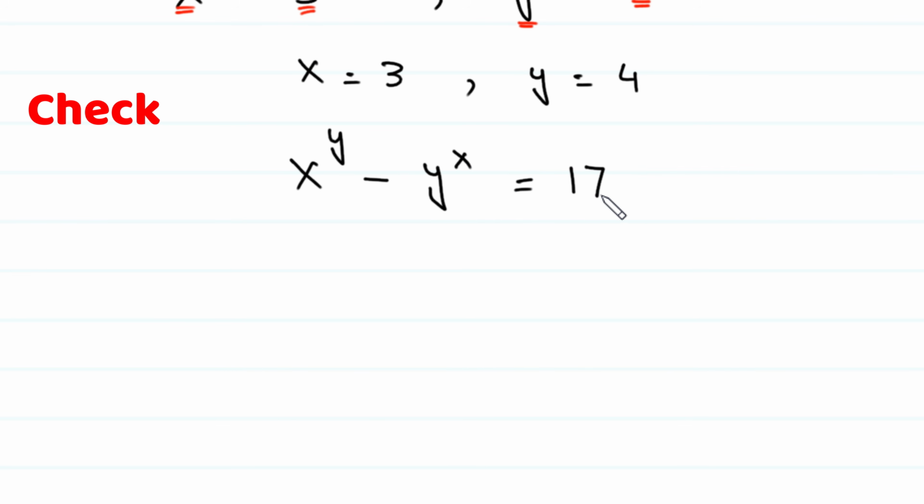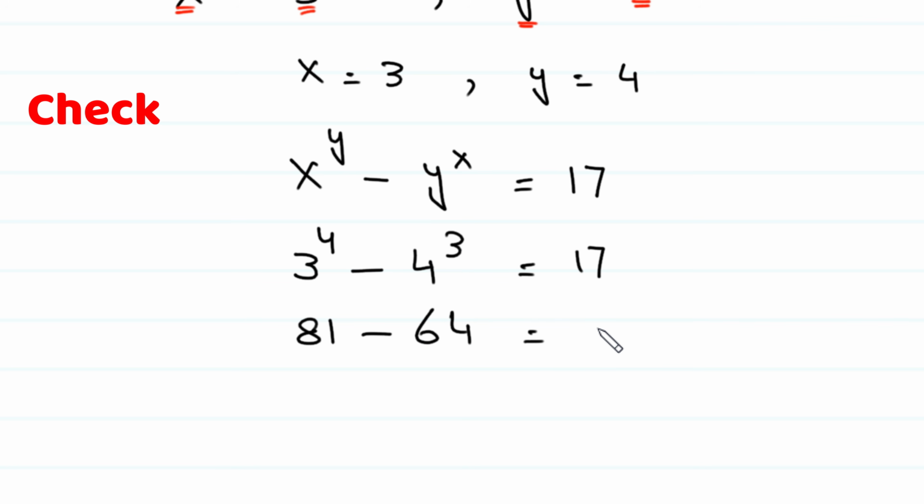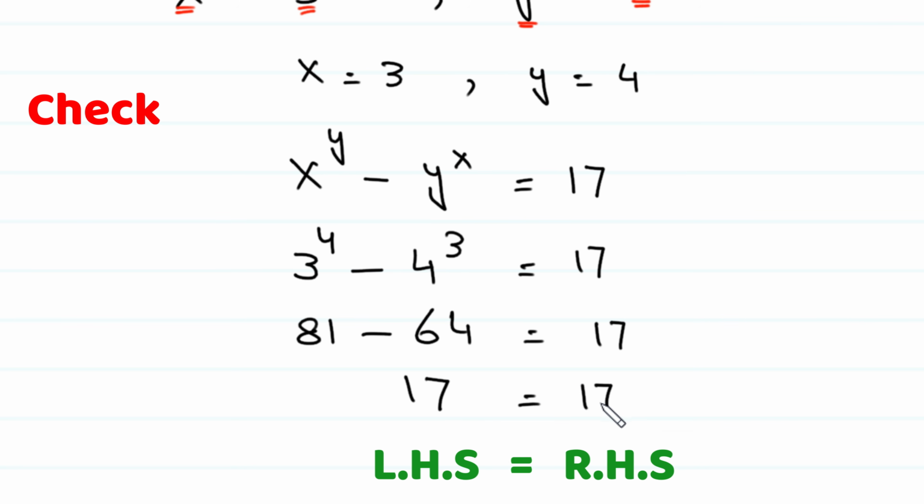We put the value of x 3 and value of y 4, and this equation becomes 3 to the power 4 minus 4 to the power 3 is equal to 17. 3 to the power 4 is 81 minus 4 to the power 3 is 64 is equal to 17. 81 minus 64 is 17 is equal to 17. You can see that left hand side is equal to the right hand side. So it is proved that the value of x is 3 and the value of y is 4.